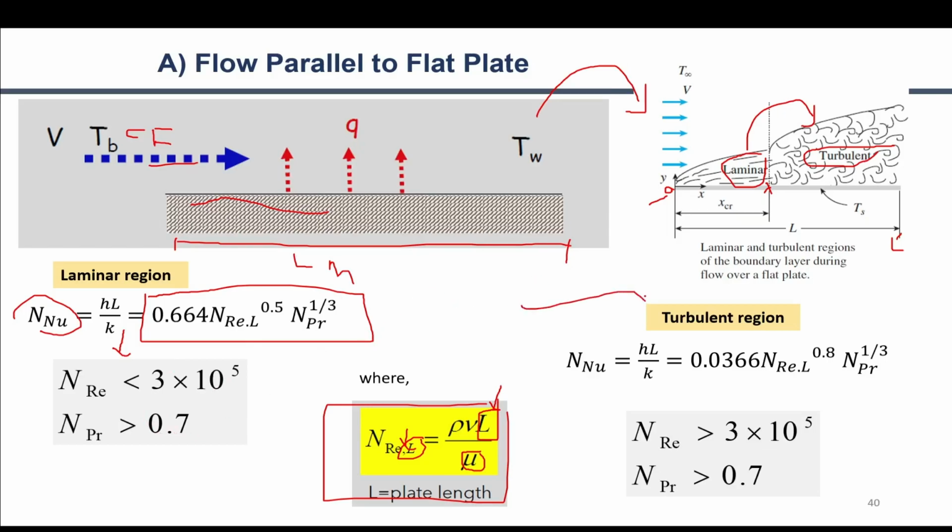Meanwhile, for the turbulent region, the Nusselt correlation is as shown here. It is applied when the Reynolds number is greater than 3 times 10 to the power of 5 and the Prandtl number is greater than 0.7.